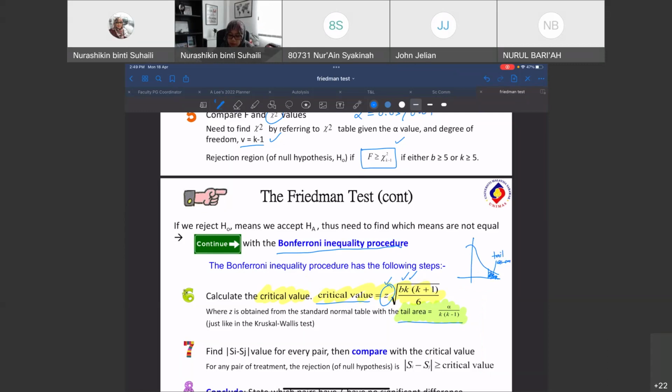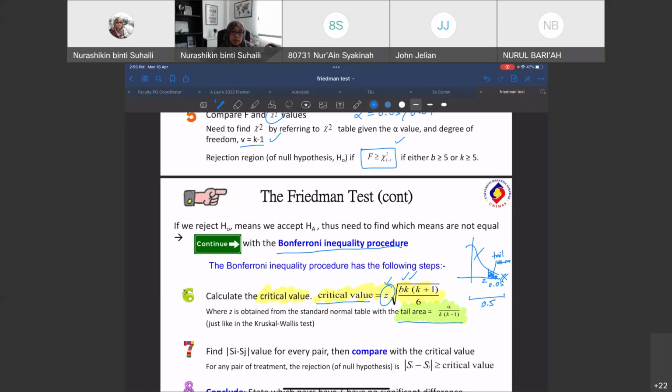Once you solve the value, let's say you got a certain value, maybe 0.05. Then you have to find the Z value that corresponds to this region. How to find that? You have to know that the whole area here is 0.5.